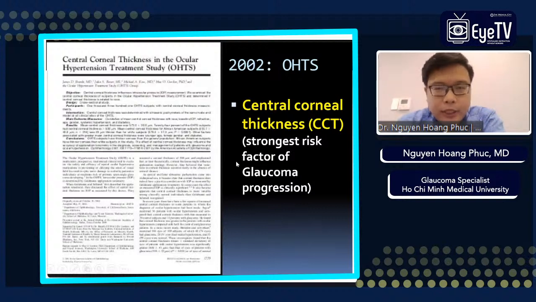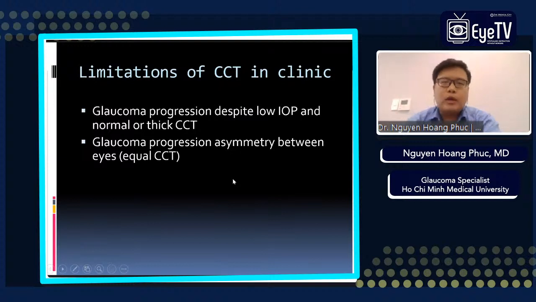This is the most important study in 2002, the Ocular Hypertension Treatment Study. The study said that CCT is the strongest risk factor for glaucoma progression. But when we apply this study to clinical practice, I see we have some limitations.